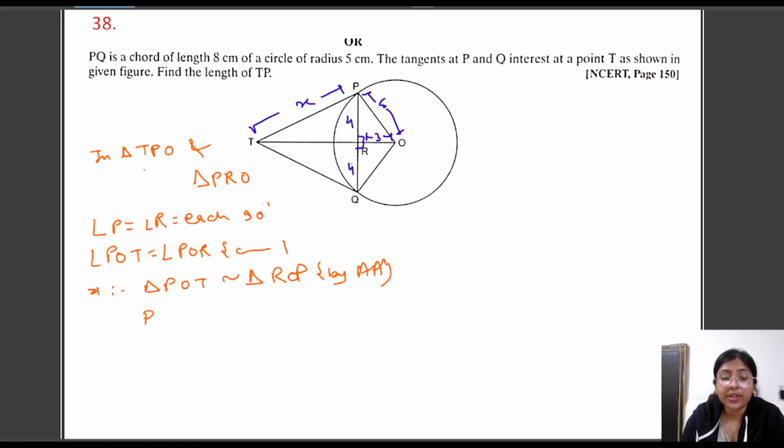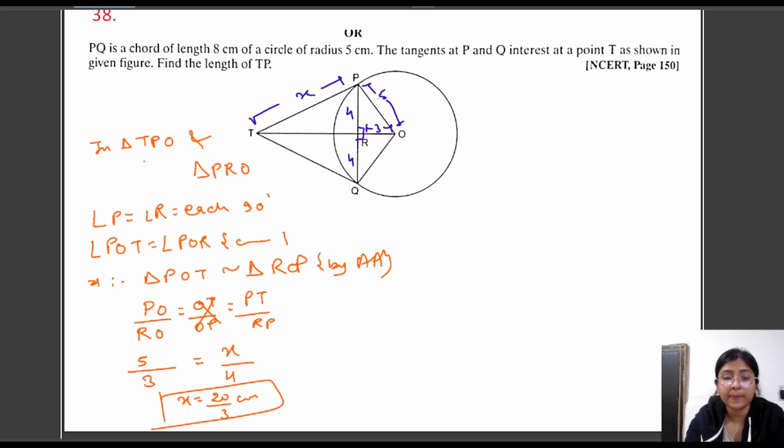So with this, we can write PO over RO is equal to OT over OP is equal to PT over RP. PO is given as 5. RO is given as 3. OT is given, but we don't need to use this. PT is x, RP is given as 4. So the length x is equal to 20 over 3 centimeter. This will be our answer.